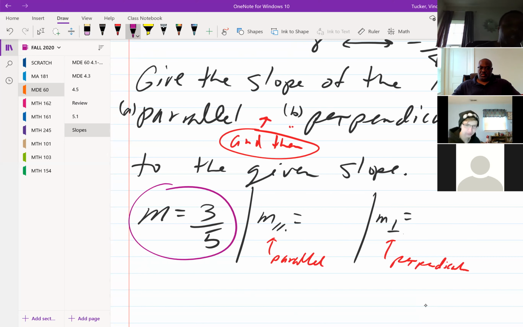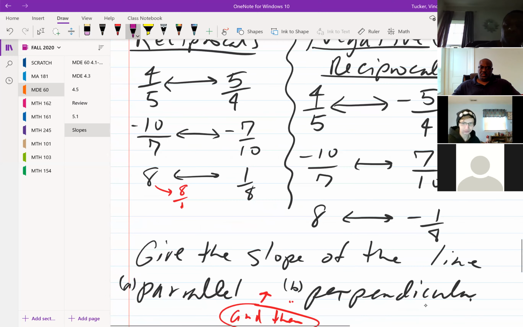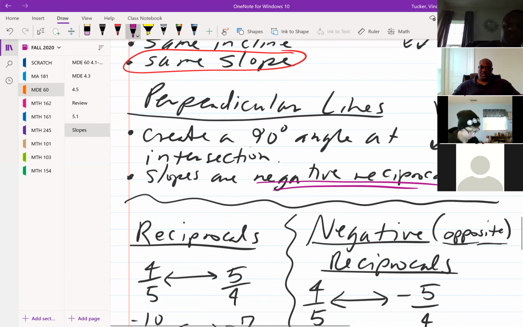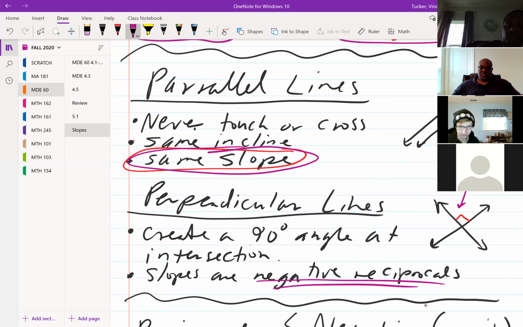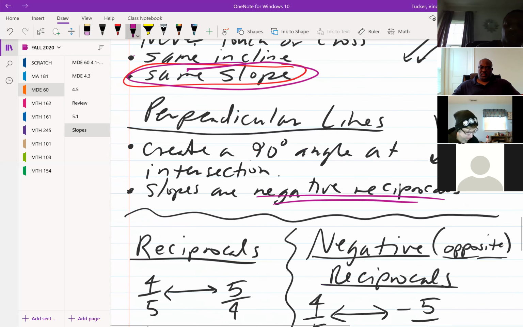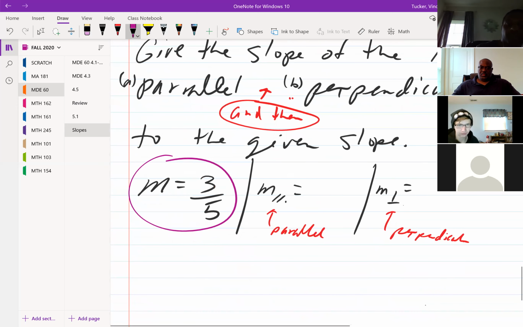If a line is parallel to a line that has a slope of 3/5, according to what we've already mentioned, if they're parallel lines, they're going to have the same slope. So if I want a line that's parallel to this one with 3/5, the slope would have to also be 3/5.